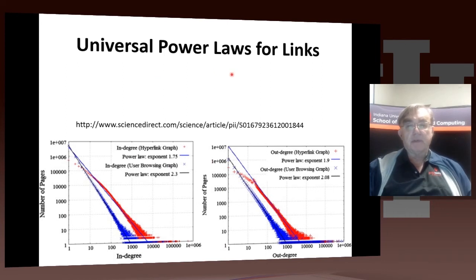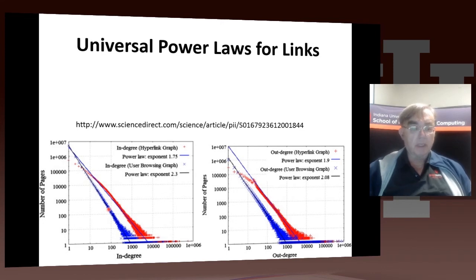All right, here we have two graphs that we showed actually at the beginning of the last lecture at the same time as the bow tie picture. They show on the left the number of links going into a page.